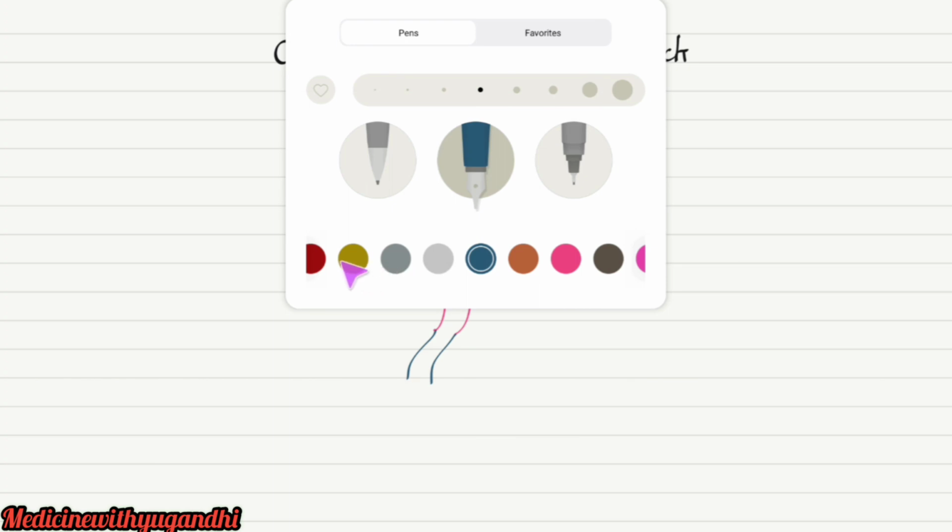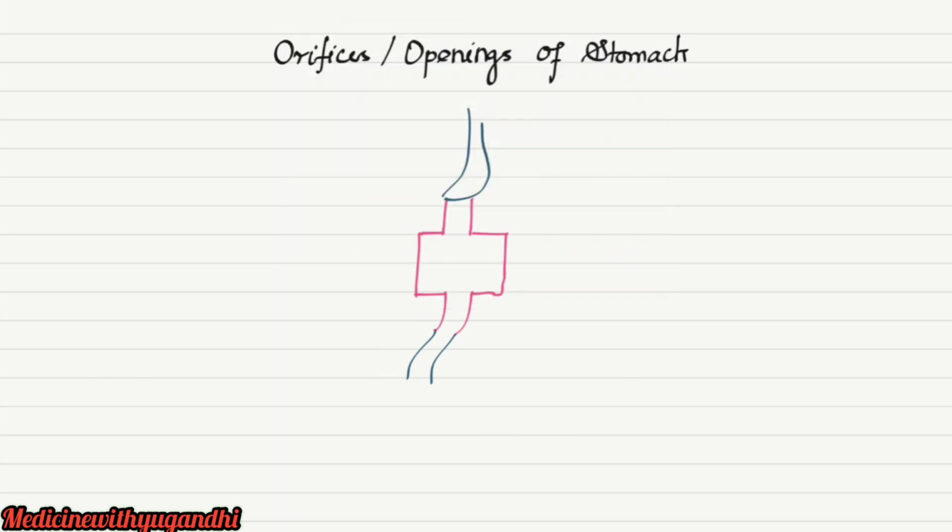So this orifice through which it is connected to the esophagus is called the cardiac orifice, and this orifice through which it is connected to the first part of the duodenum is called the pyloric orifice.